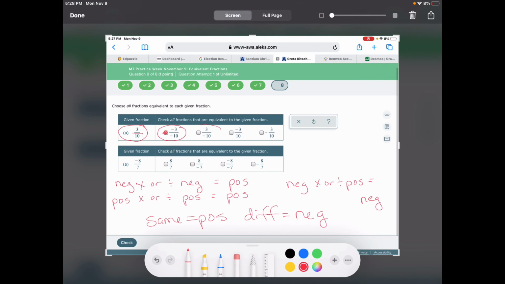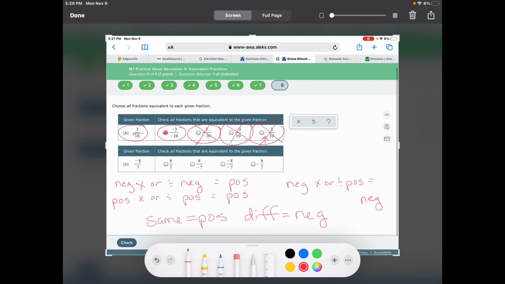In the third one, positive divided by negative is going to give me a negative. That's not going to work. In the fourth one, negative divided by positive is going to give me a negative. That's not going to work. And in this one, we have just this negative out to the side, which means the whole fraction is negative. That's not going to work either. So the only two that are the same are these two.